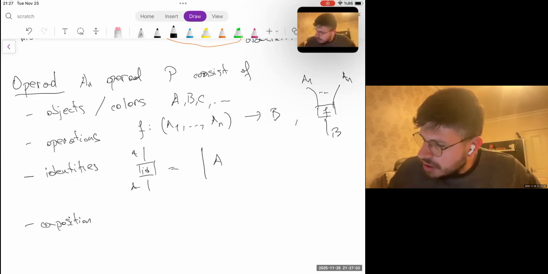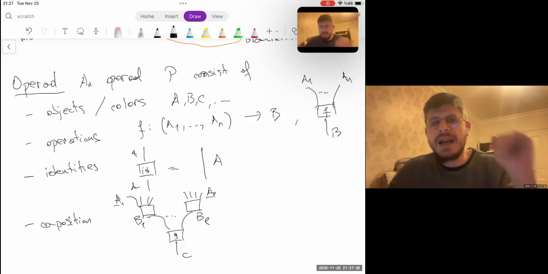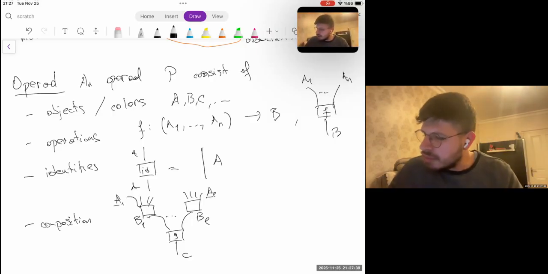So I will just draw a picture. If I have some operation G, say from B1 up to BL, and these are themselves outputs of some operations F1 until FL, from sequences A1 up to sequence AL. I'm underlining that there is a sequence, not just a mere object.